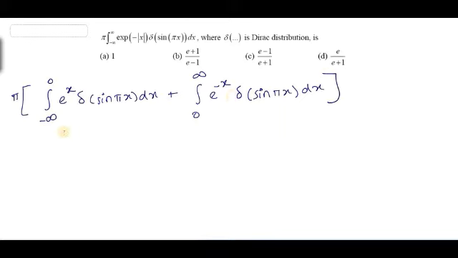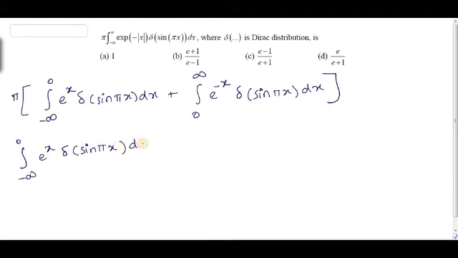First I am going to take this alone, the integral from minus infinite to 0 of e power x del of sine pi x dx. First thing, we have to equate this sine pi x to 0. If del of f of x is given, then we have to equate this f of x to 0.